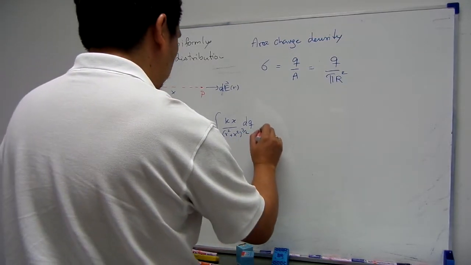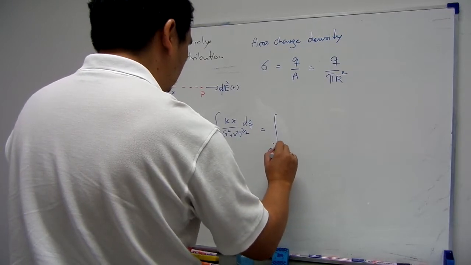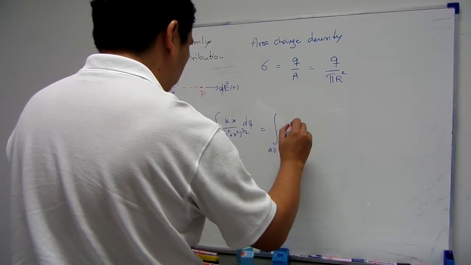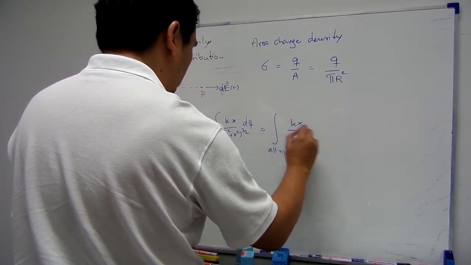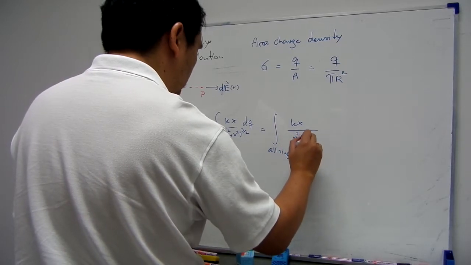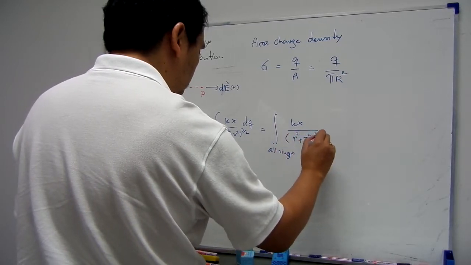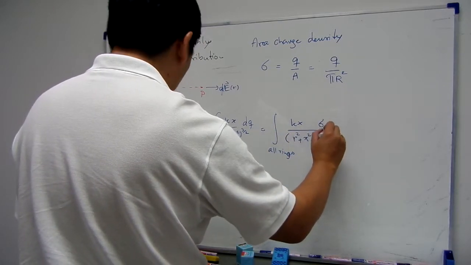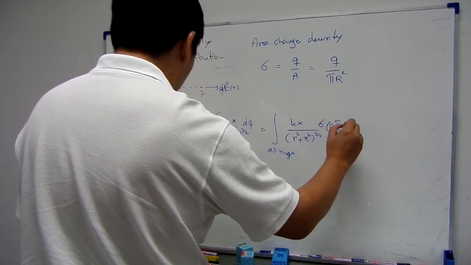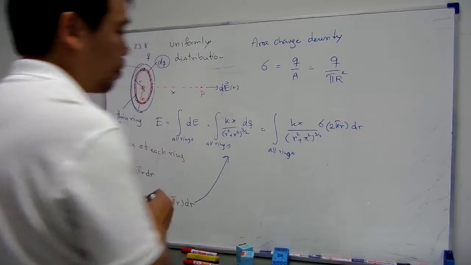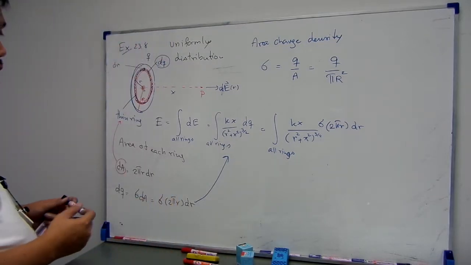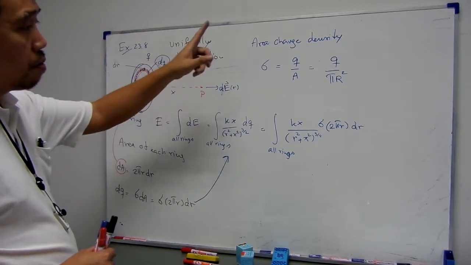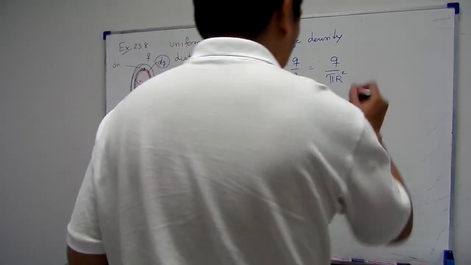We have that this is equal to the integral over all rings of kx over (r squared plus x squared) to the power of 3 over 2, times sigma, times 2 pi r dr. Since the charge is uniformly distributed, sigma is a constant in this case.